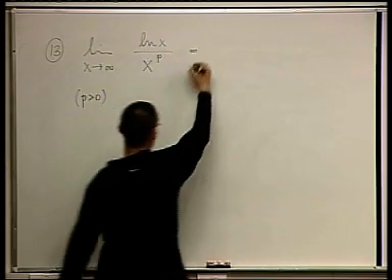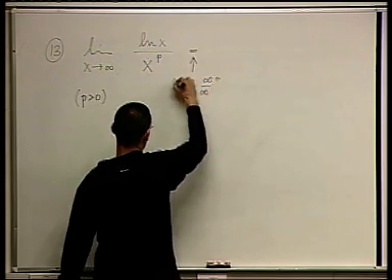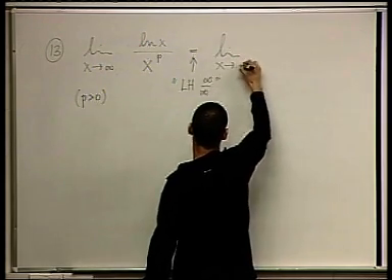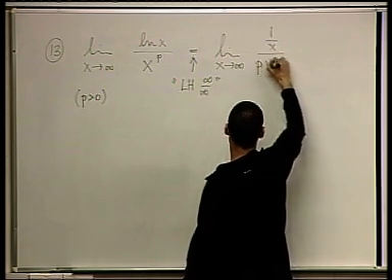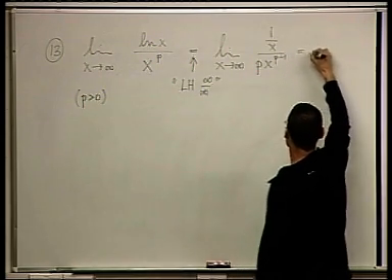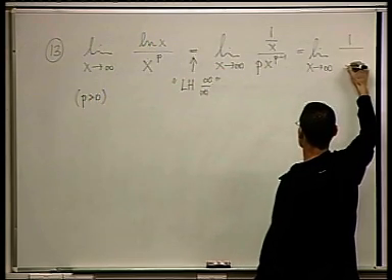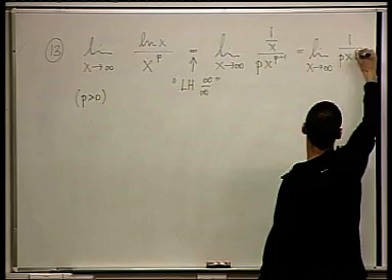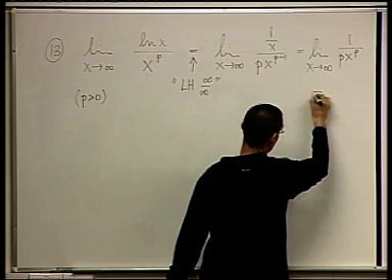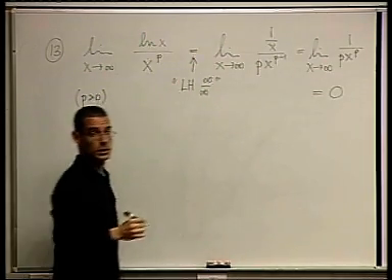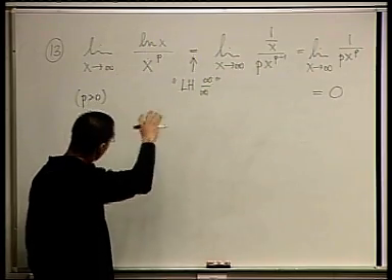So I take the limit of the quotient of the derivatives. 1 over x divided by p x to the power p minus 1, which is the limit as x goes to infinity of 1 over p x to the p. And as x goes to infinity, the limit is 0. Do you agree?